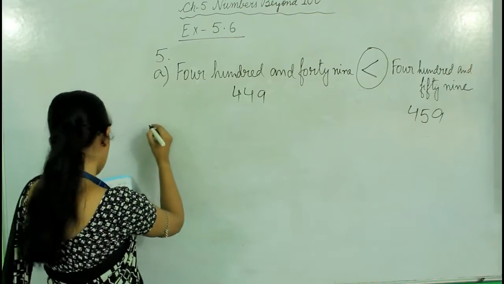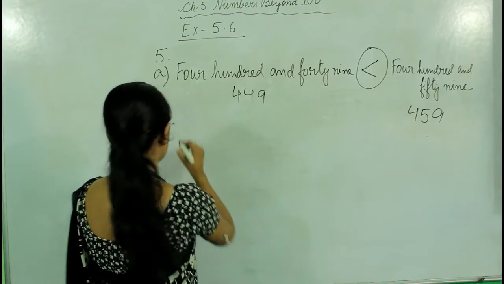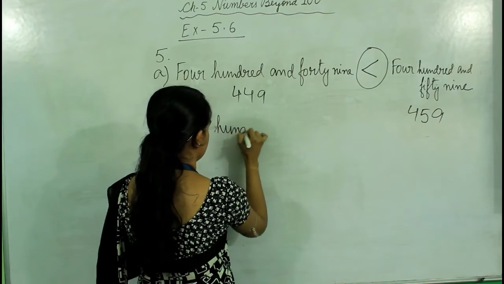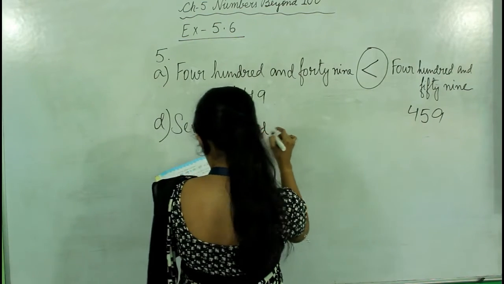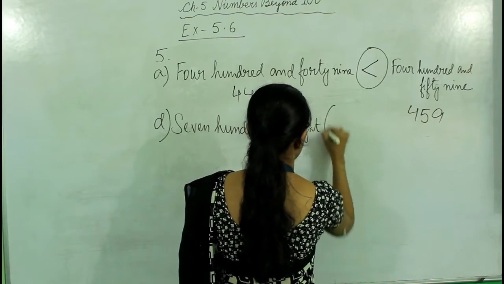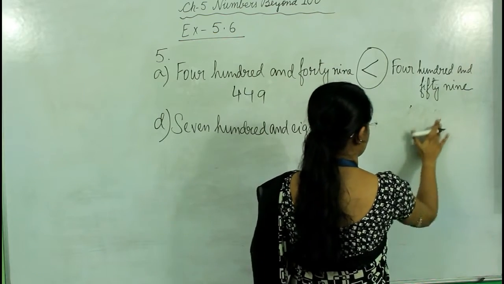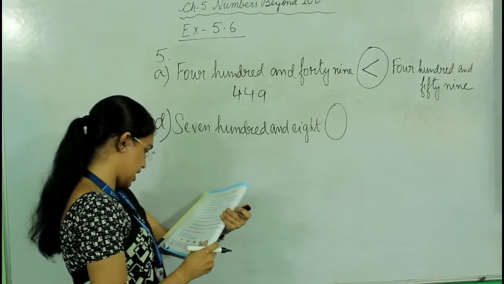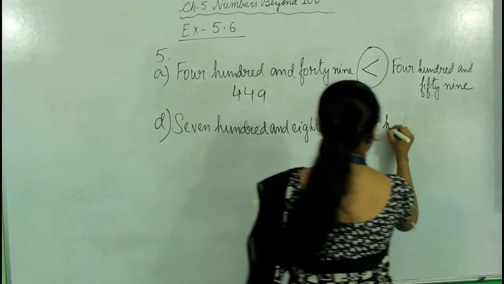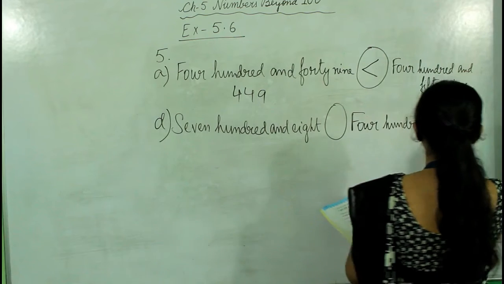Okay. Now question number D. The question is... and on this side we have 400 and 59.